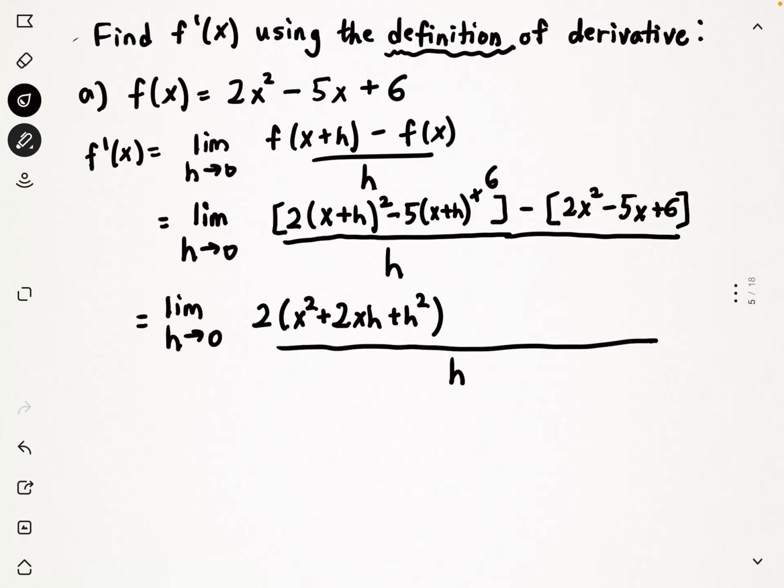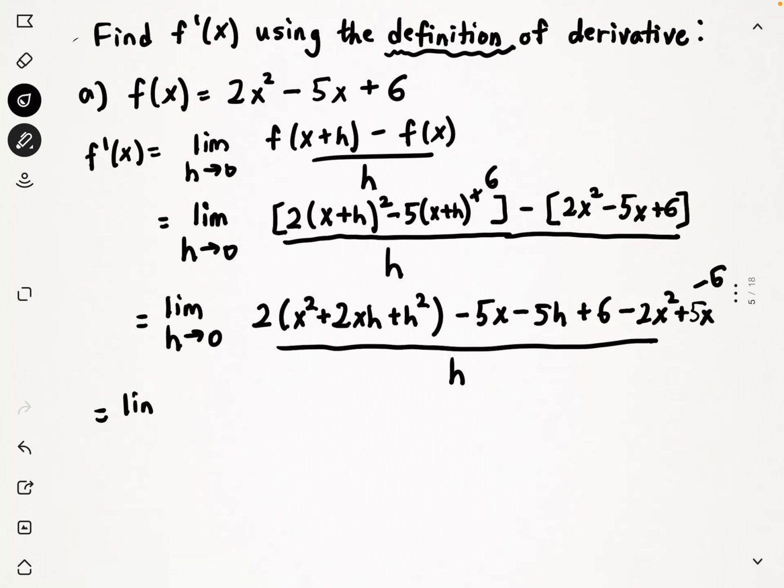And then here, I can multiply the minus 5 by everything. So I get something like this, plus 6. And then in the second bracket, all I'm doing is distributing that minus sign throughout all three terms. So I should have minus 2x squared plus 5x minus 6.